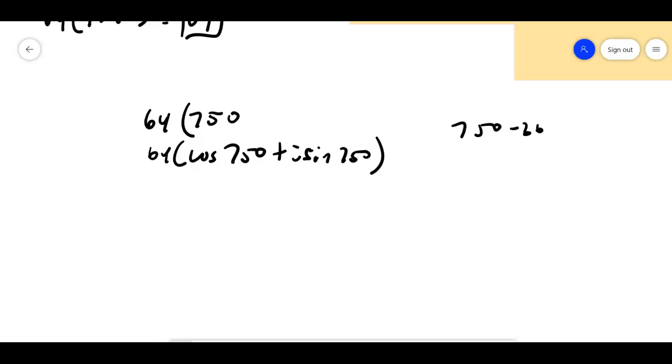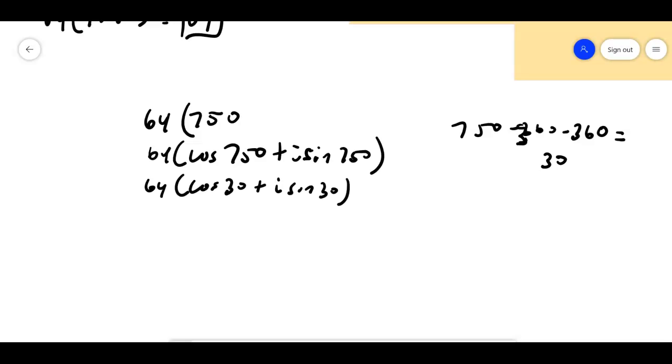So if you go minus 360 and minus 360 a second time, that's going to leave you with 30. So you just keep subtracting 360 until you start to see a number that you recognize. And so this problem would actually be the same as this. And then you could continue it from there. Okay, so just keep subtracting 360. Eventually you should see a number that looks familiar, and then that's the number that you can use.